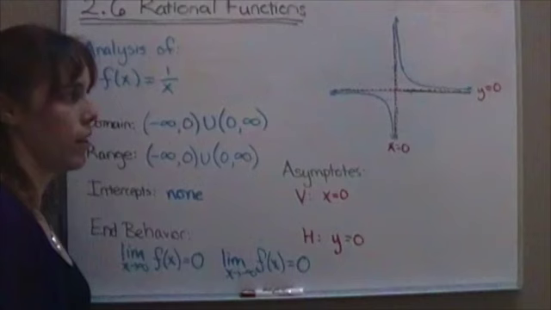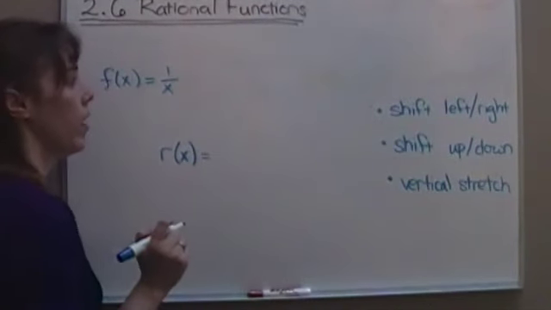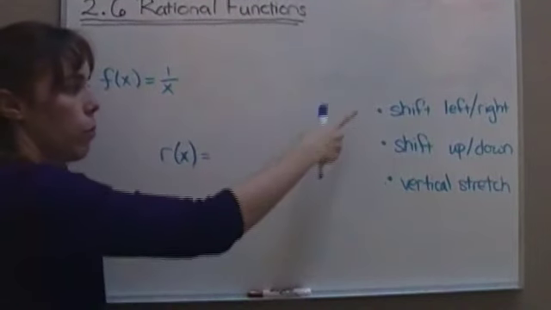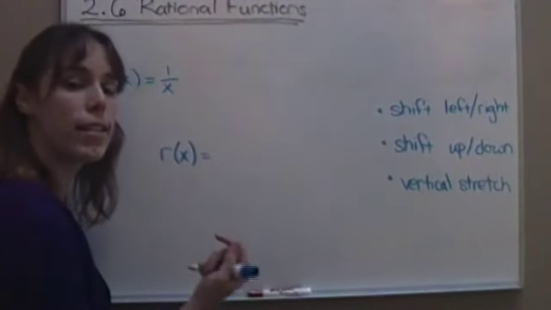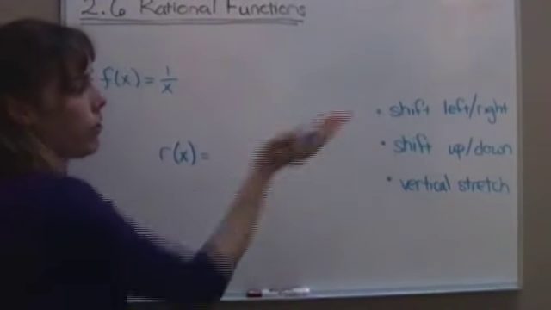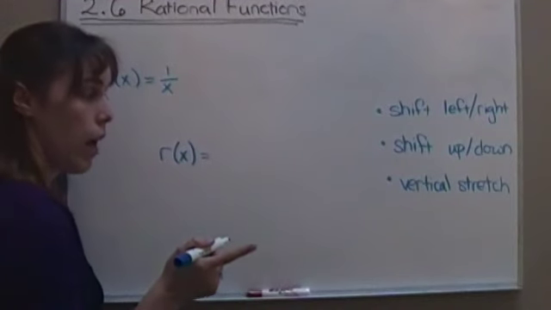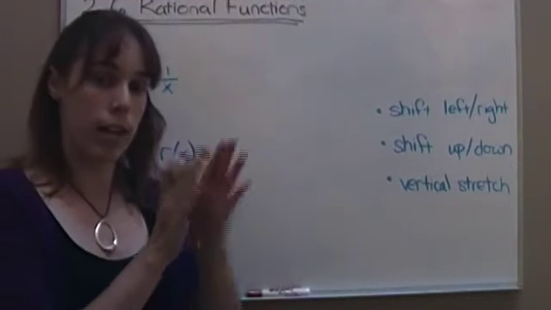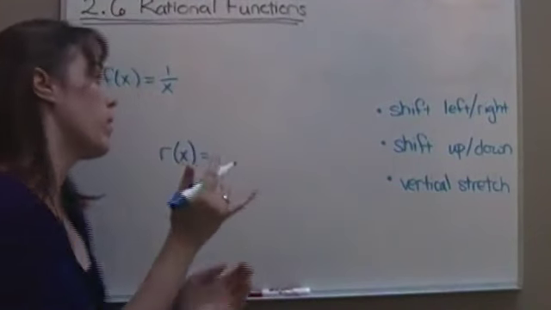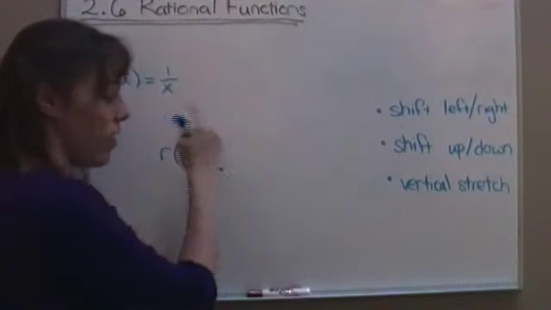So now let's make the function a little bit more complicated. So really quickly, if I wanted to take this function and perform these transformations, let's see what parts of it would change. So say I want to shift it left and right. That normally happens when you take the x value, and instead of x, you put in parentheses what? x minus something, right?